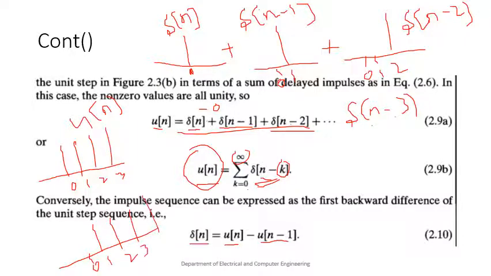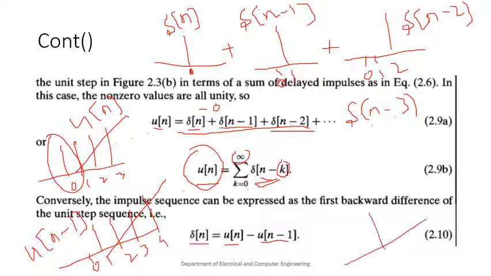If I subtract these two, all these will be cancelled. What will be left? Only this, and what is this? The unit impulse. So this is the interconversion of how you can obtain delta of n from U of n and U of n from delta of n. This must be very clear to everybody.